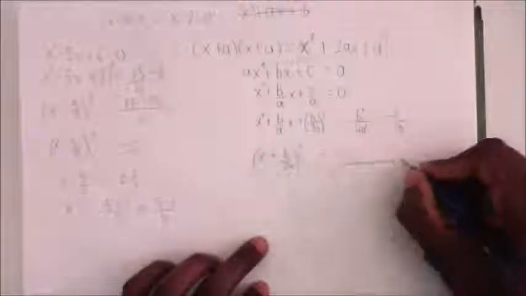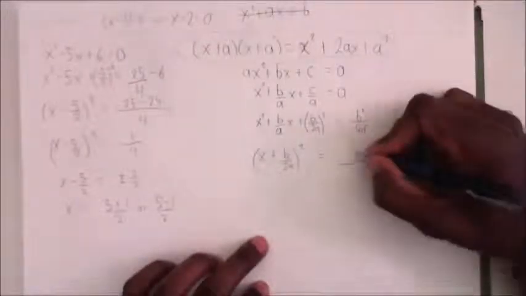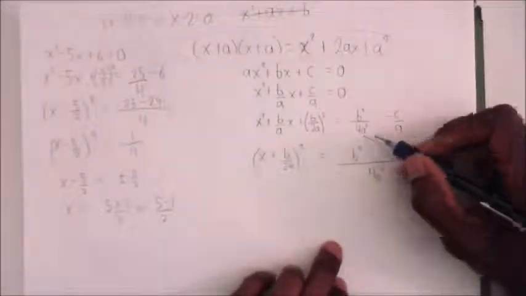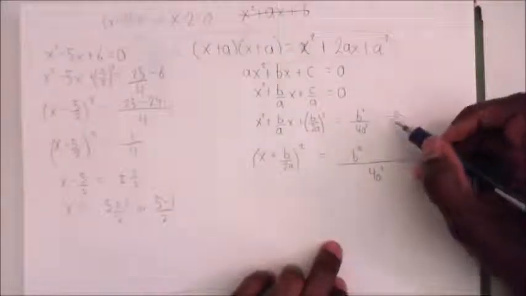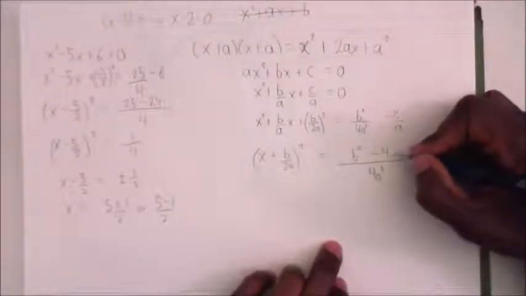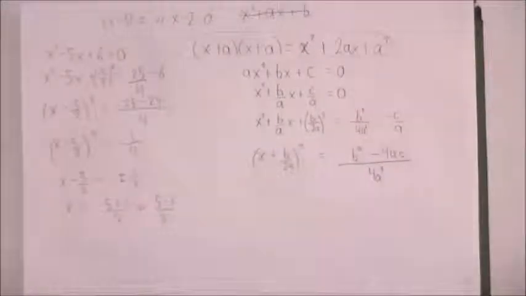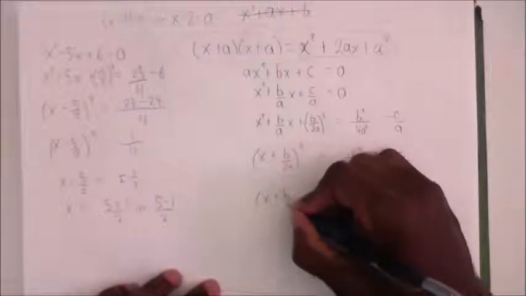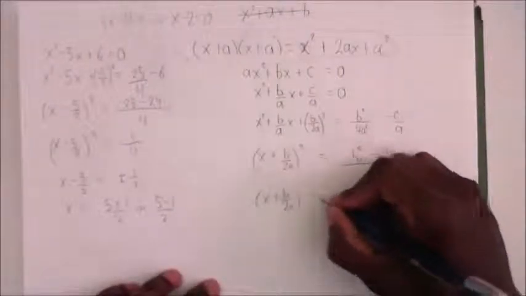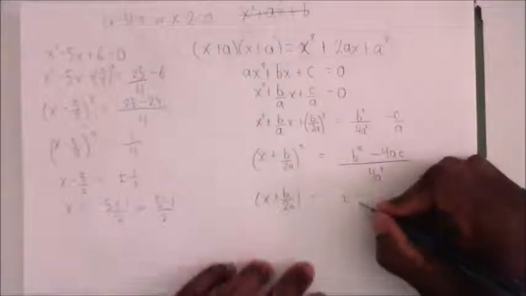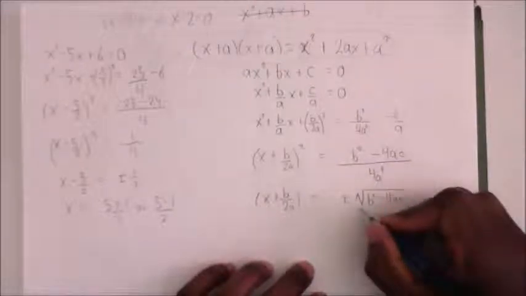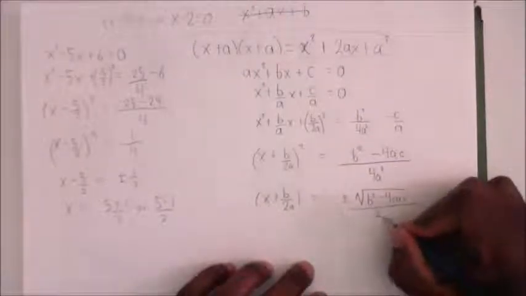squared is equal to, I'm going to call that 4a squared at the bottom, that's b squared, and to get this over 4a squared is going to be minus 4ac over 4a squared. Okay, so now to get the square root of that, it's going to be x plus b over 2a is equal to plus or minus the square root of b squared minus 4ac over 2a.